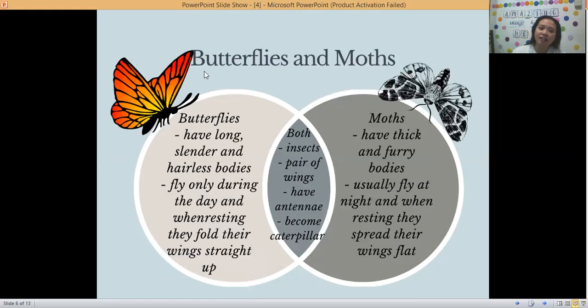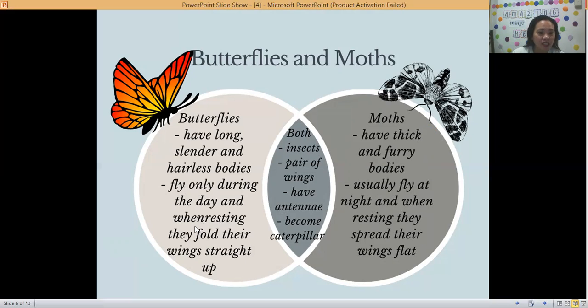Next, butterflies and moths. Butterflies have long, slender, hairless bodies, but moths have thick and furry bodies. Butterflies fly only during the day, while the moths usually fly at night.